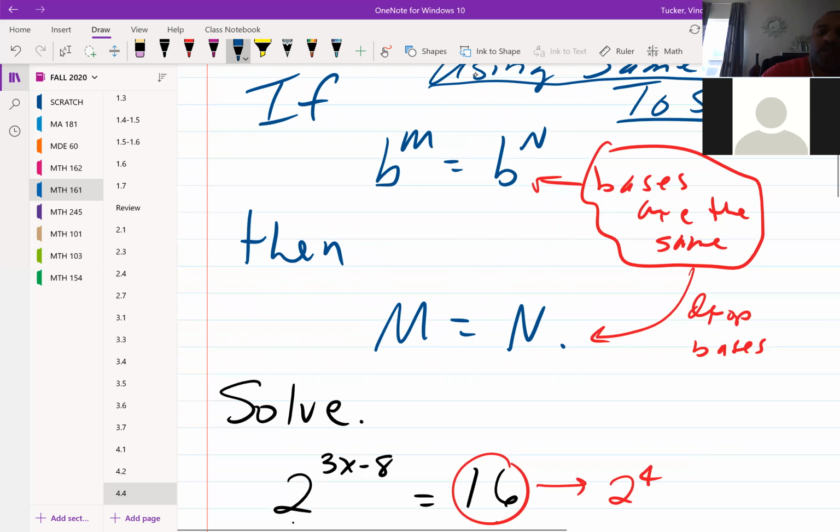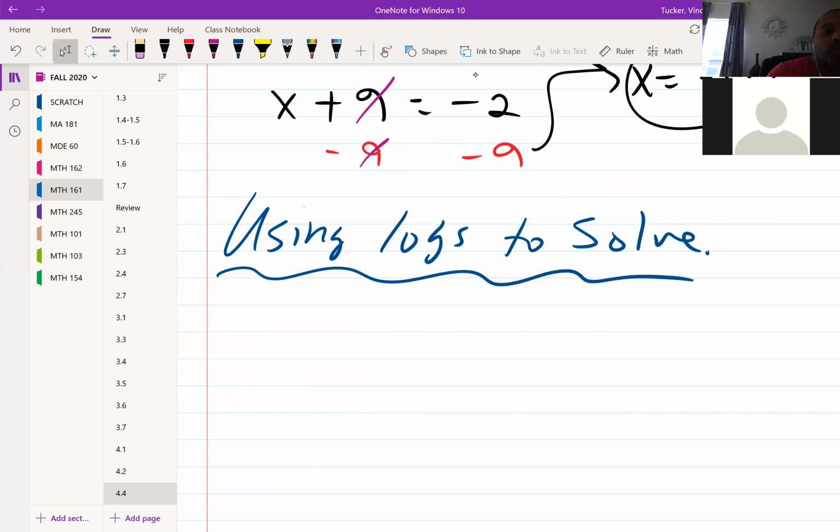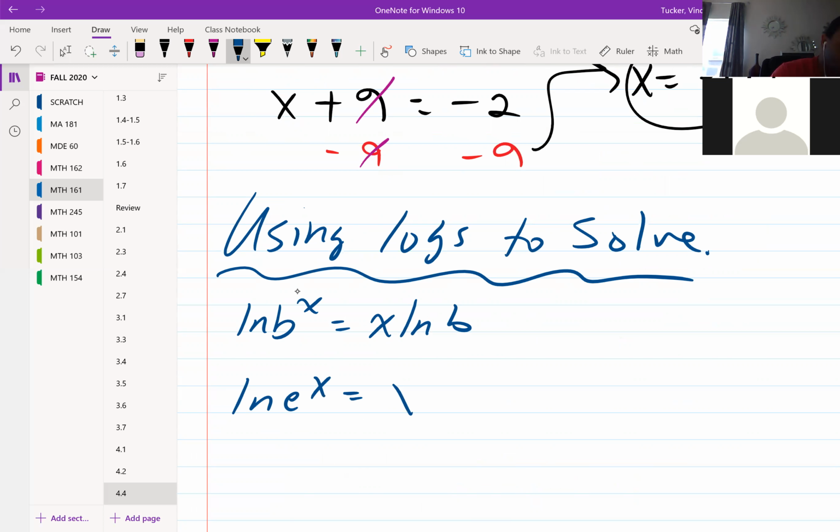And then down here, using logs to solve. So just showing you how we can use the natural log or the common log to get access to x.